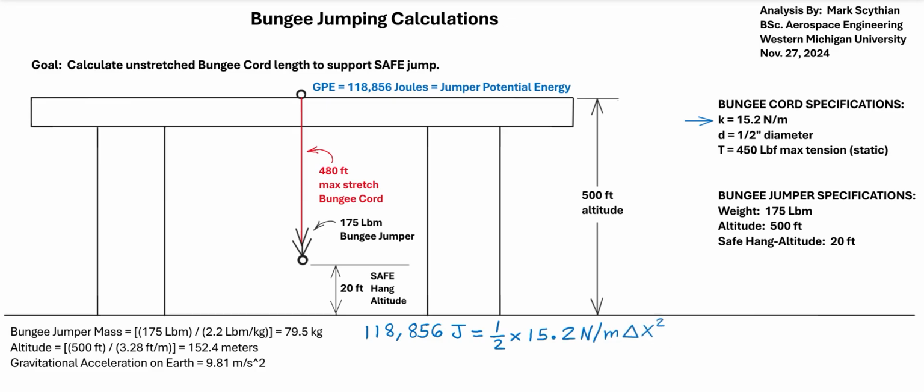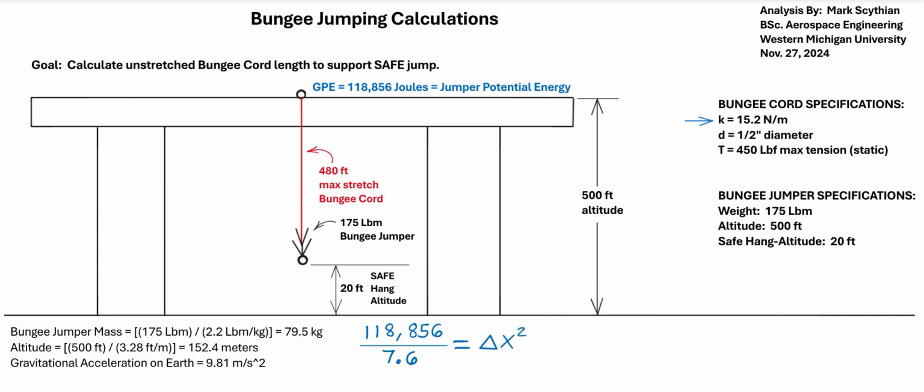So now all we have to do is solve for X. So now we have 1/2 of the K constant value. Then we simply divide the GPE into 7.6.